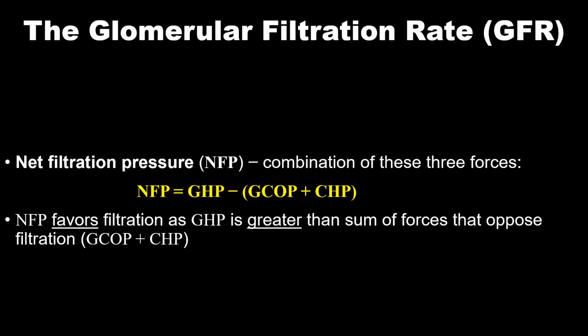There's just going to be just enough pressure to overcome those forces because of that arterial backup. So it's squeezing this fluid and these solutes out of the glomerulus into the surrounding space, despite the fact that the fluid in the glomerulus becomes more concentrated and the fluid in the capsule tries to push back in on its own.